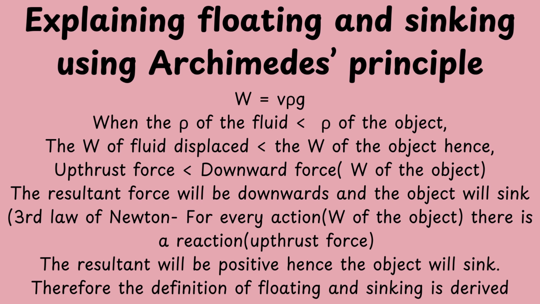Hence, the upthrust force, which is the same as the weight of the fluid displaced, is less than the weight of the object. We see the weight as a downward force because it is acting downwards.